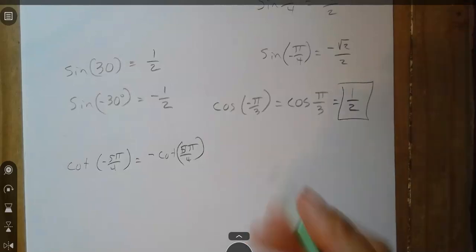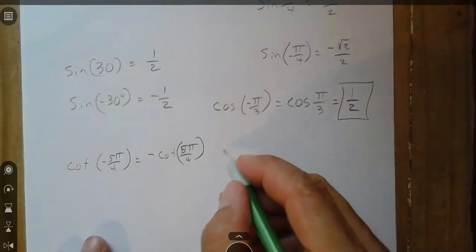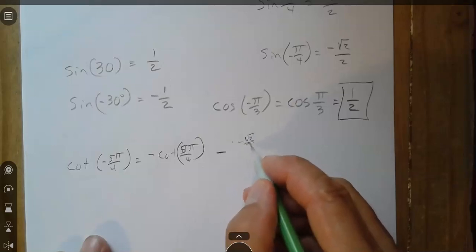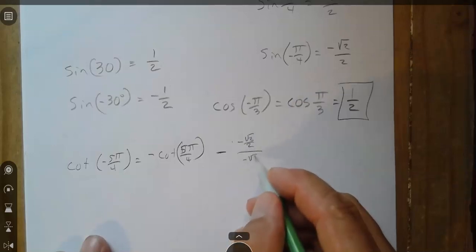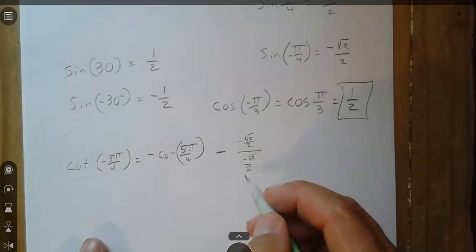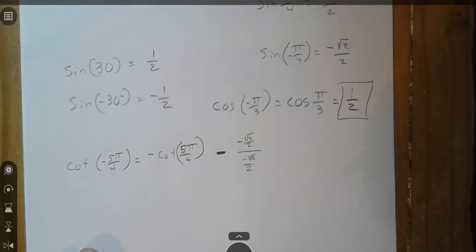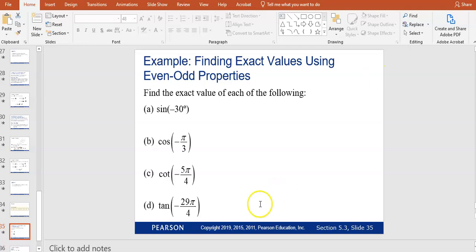So cotangent is cosine over sine, so that's going to be negative of negative root 2 over 2 over negative root 2 over 2. Well, this is positive 1, but then since it's the negative of that, it would be negative 1. That's how these work.